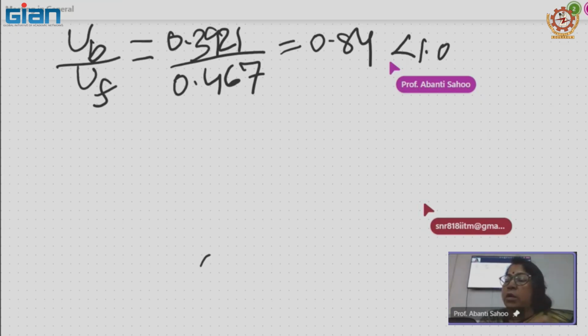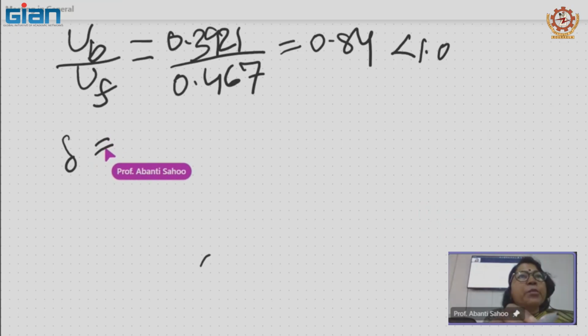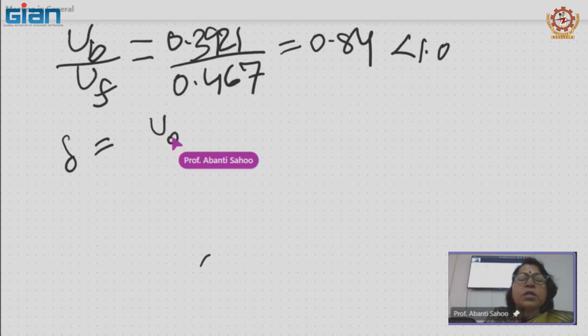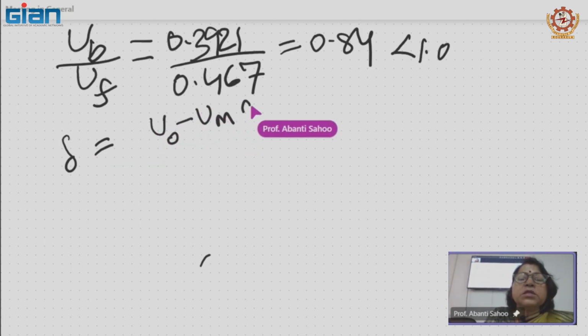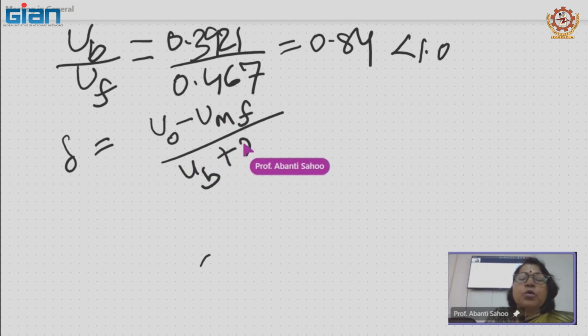Here we can calculate delta, because we need to calculate the dimensionless reaction rate Kr tau, for which we need delta. Delta is U0 minus UMF divided by UB plus 2 UMF.